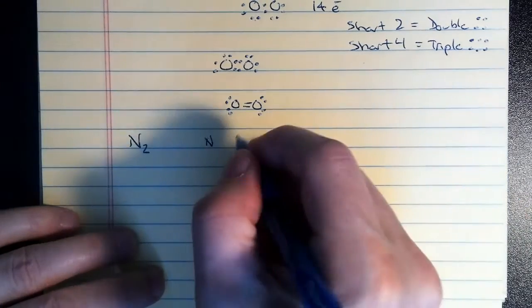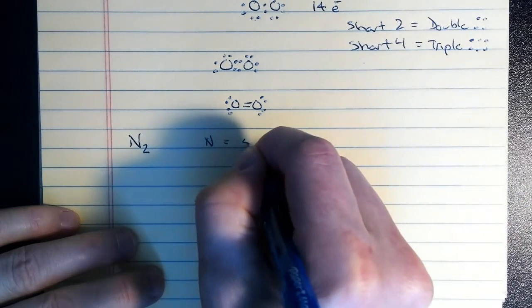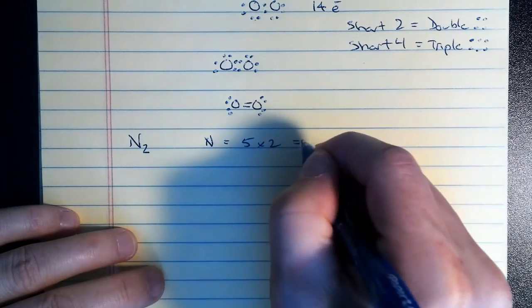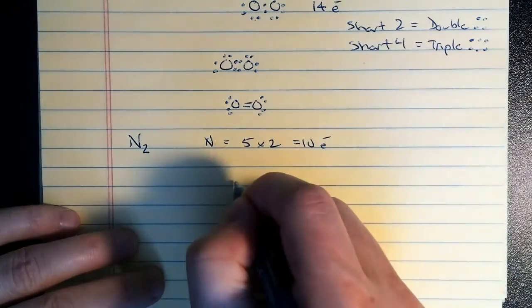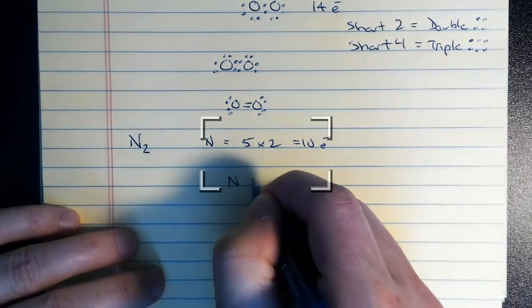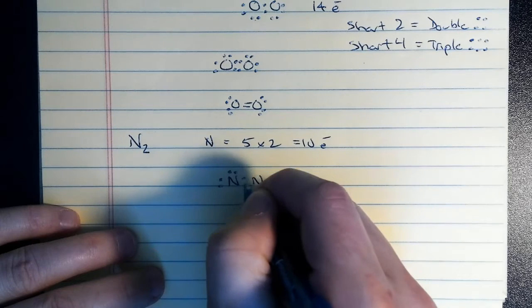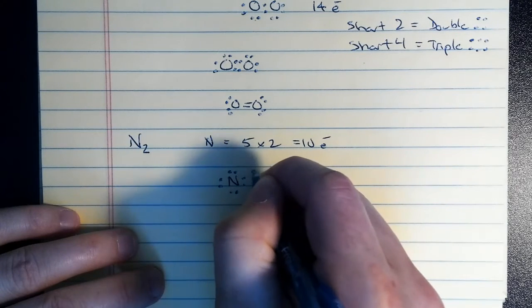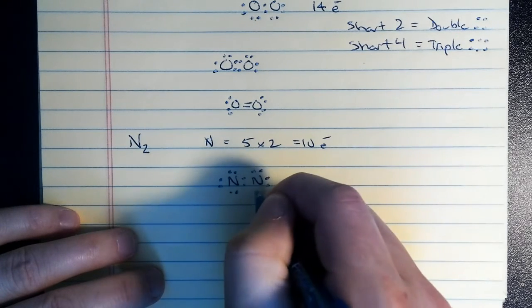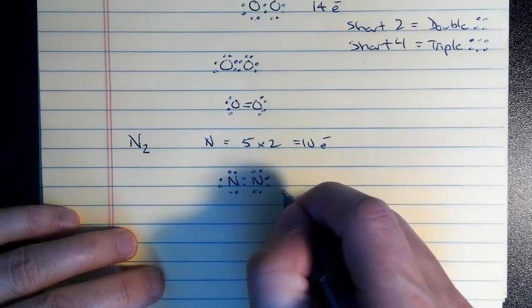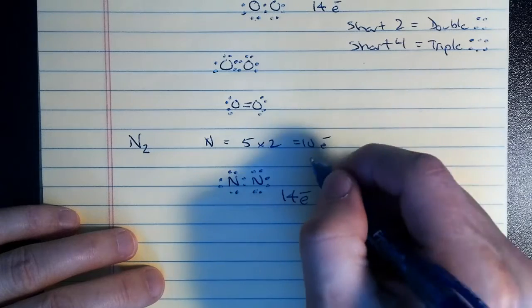Alright, and so what we had there was 5, group 15, times 2 equals 10 electrons. So you're going to do it side by side, and you want to give them 8 electrons and see how that works. 2, 4, 6, 8, 10, 12, 14. We got 14, and that's a no-go.